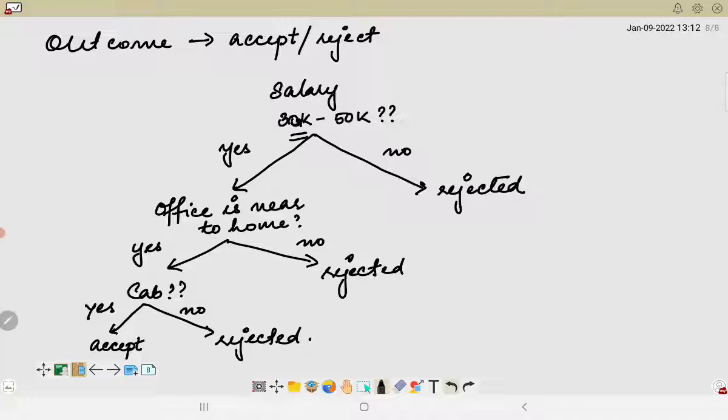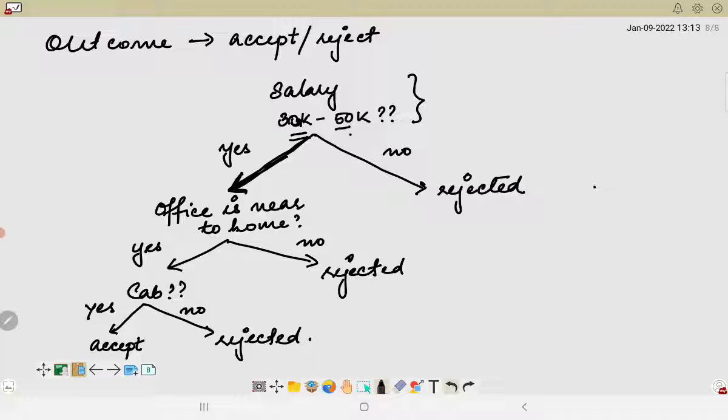So here, if you look into this decision tree, initially it started off with the root node where it is identifying the best attribute. Let's say the best attribute is the salary component of any job. So salary is good, then it will go to this particular subtree. Now here what do I need? I also need that the office should be near to home.